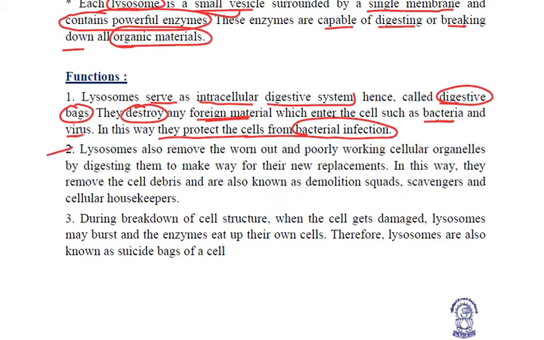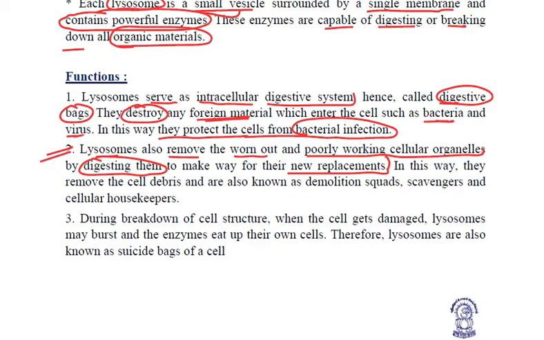Now, second function, quite important yet again, lysosomes also remove the worn out and poorly working cellular organelles. If any particular cellular organelle is worn out or it's not working efficiently, then the powerful digestive enzymes of lysosomes digest these worn out, poorly working cellular organelles so that there can be new replacements.